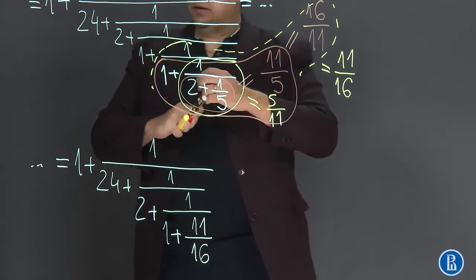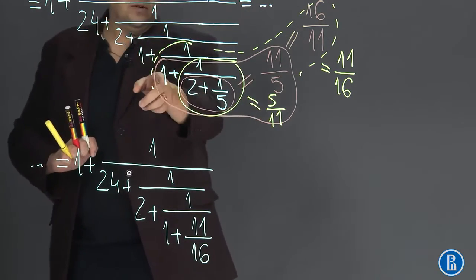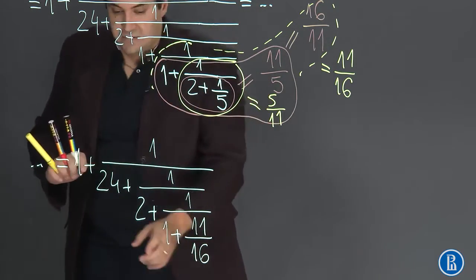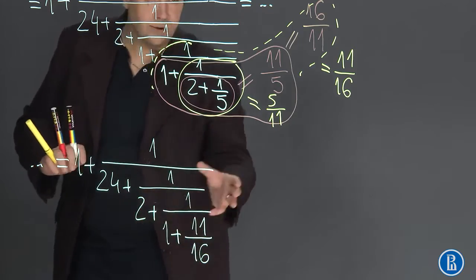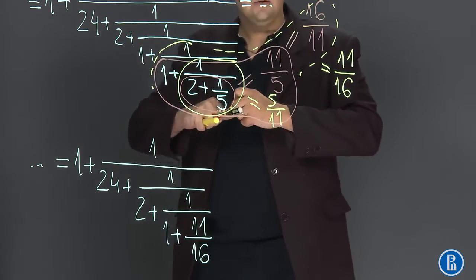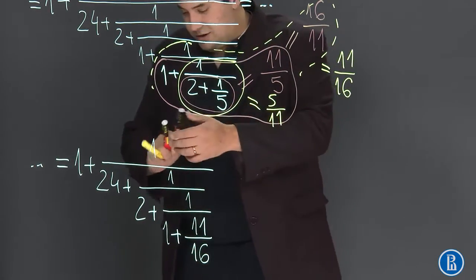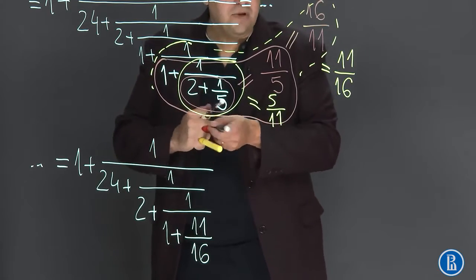So instead of 7 floors, now we have 5. Well, okay, we somehow managed to defeat 2 floors. We go on with our procedure.